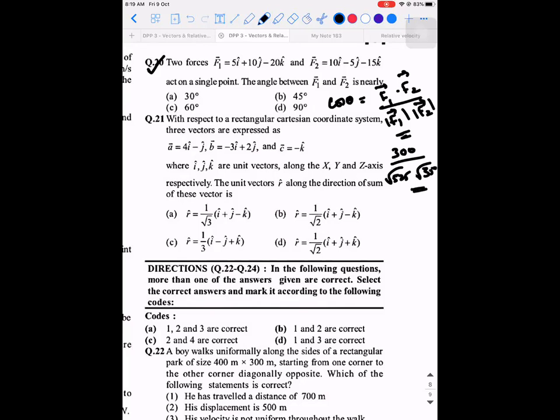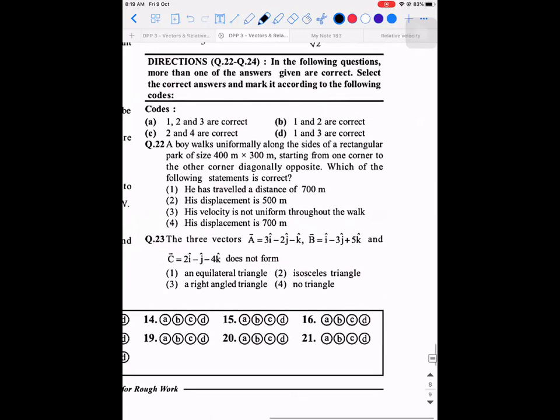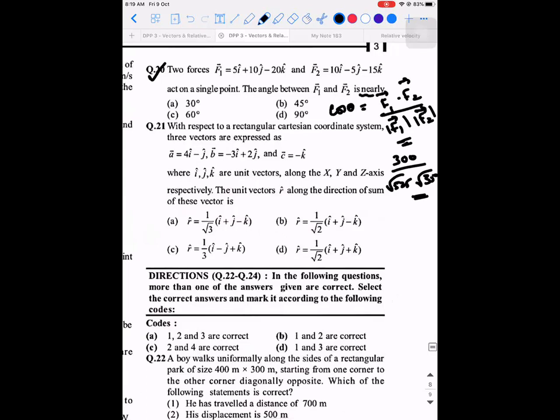So calculate it, it will give you the answer. The reason why they ask nearly is because it's an approximate value. You're not going to get an exact value, so you have to guess it. So that part I'm leaving it to you.